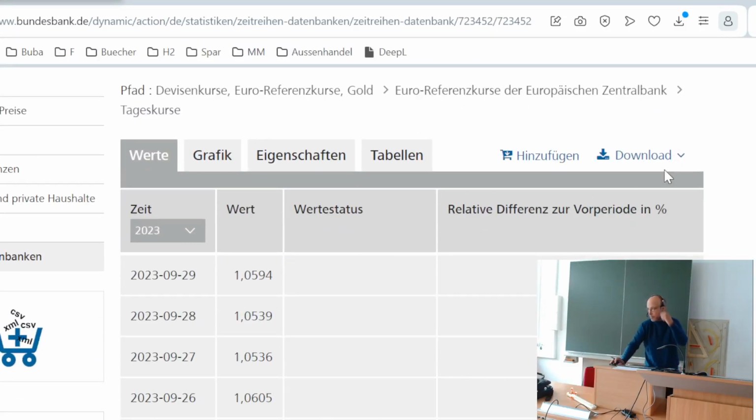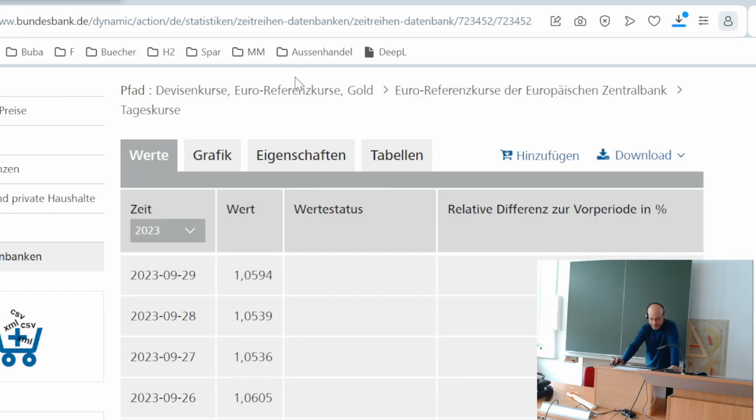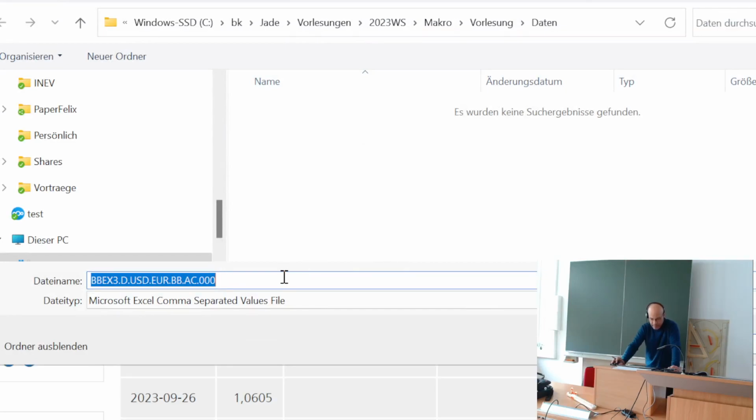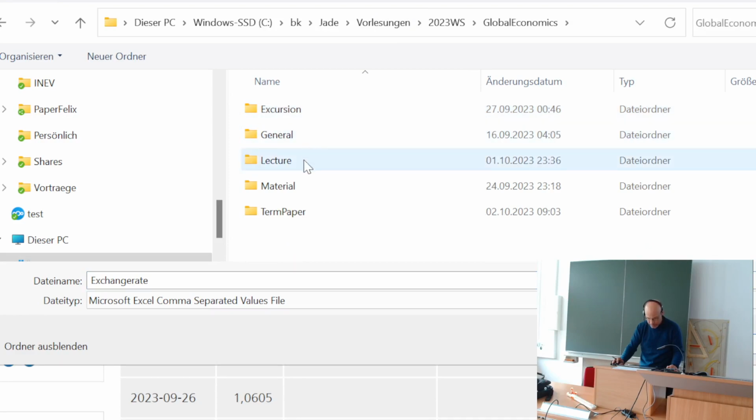This is daily. Of course, mainly you will find daily data for your exchange rates somewhere. So this is then the exchange rate. And now I go directly to Global Economics.